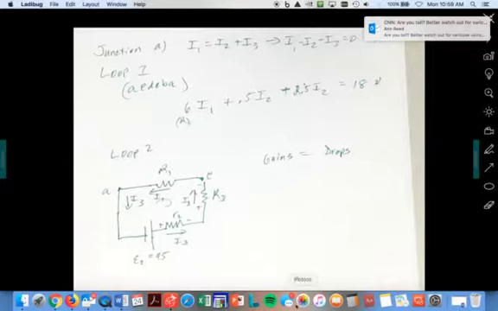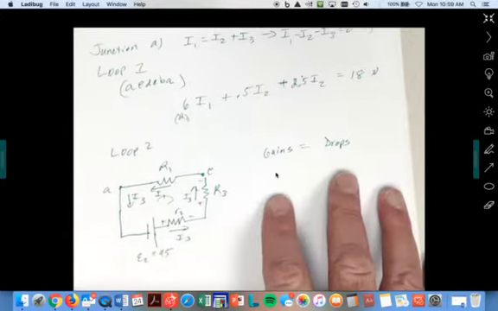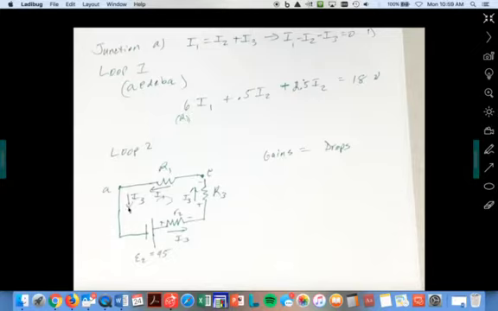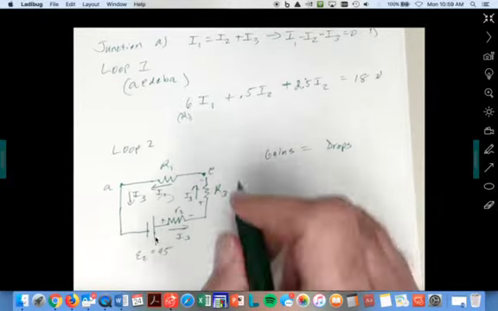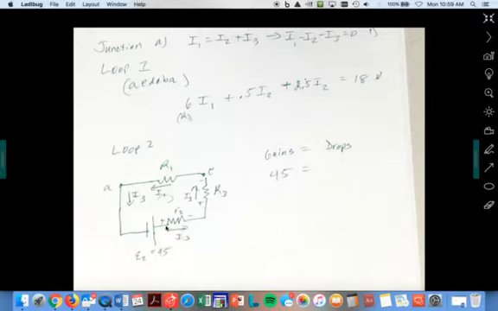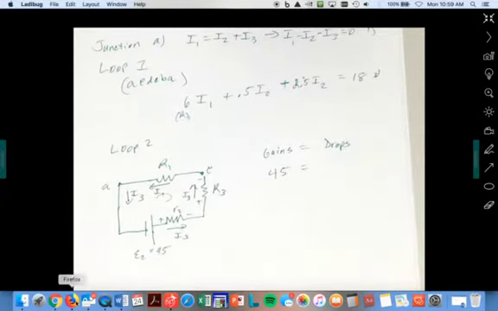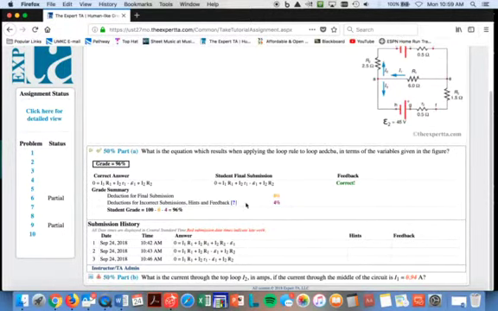Okay, so now, I'm sorry, I'm getting notices too, which kind of drives me batty. But anyway, this would be a gain, 45, is equal to, this is a drop, I3 times R2, which in the problem, I've got to go back to the problem now because I didn't write in what these voltages were.